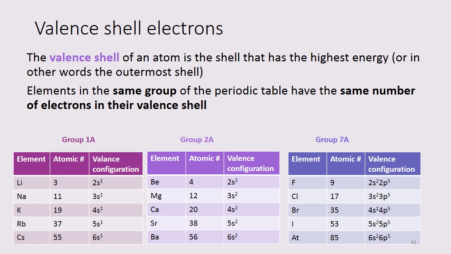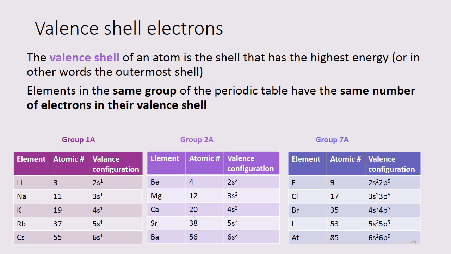So lithium ends with 2s1, sodium ends with 3s1, potassium ends with 4s1, rubidium ends with 5s1, and cesium ends with 6s1. And so when you start to see that the valence electrons for group 1A all have one electron in their highest energy level, you can start to see why they all act alike.